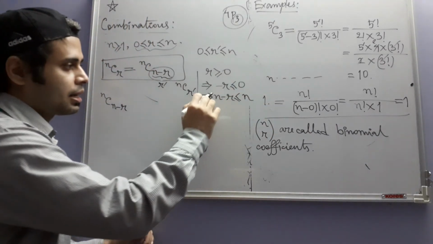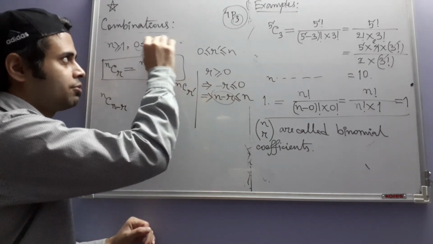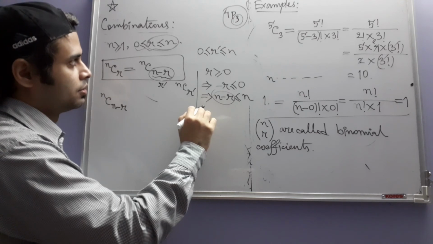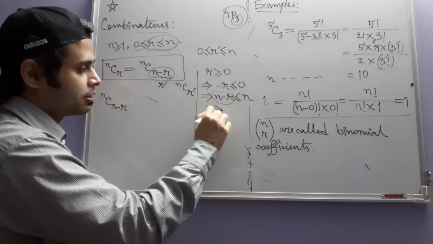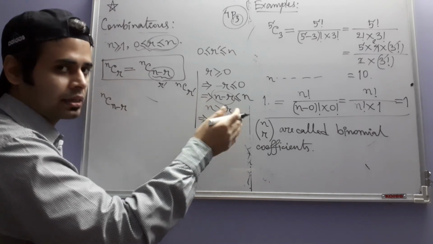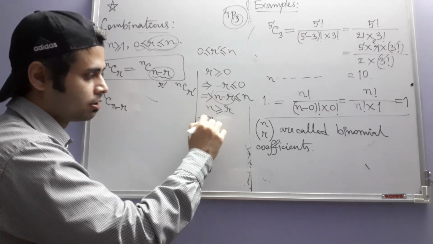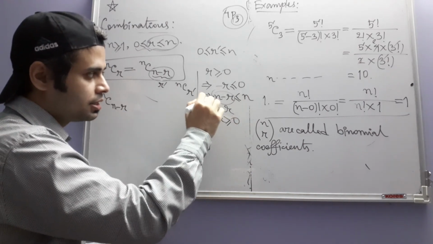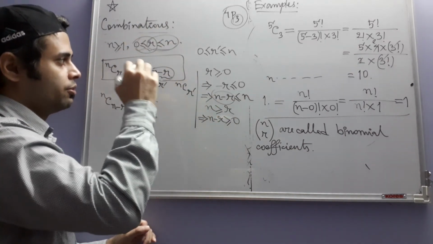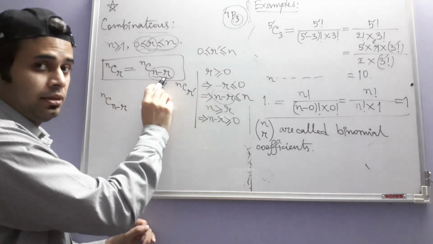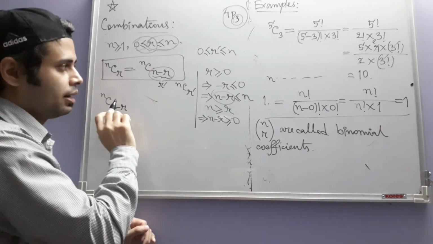So n minus r does satisfy one half of these inequalities. What is the other half? Since n is greater than or equal to r, if I subtract r from both sides, I get n minus r is greater than or equal to 0. So this is also greater than or equal to 0. That means there is no mistake in putting n minus r here for these values of r.